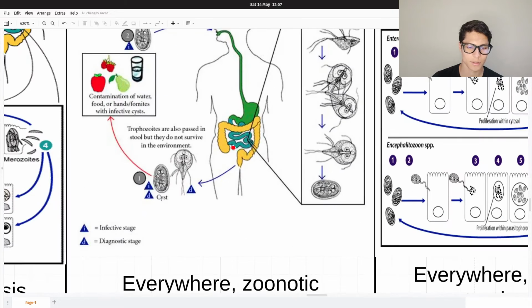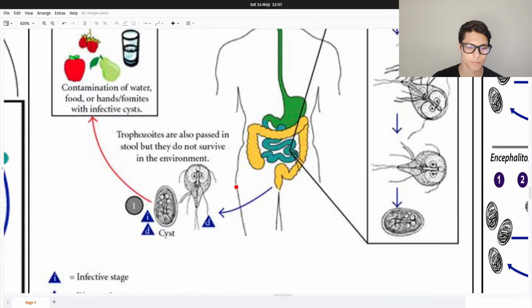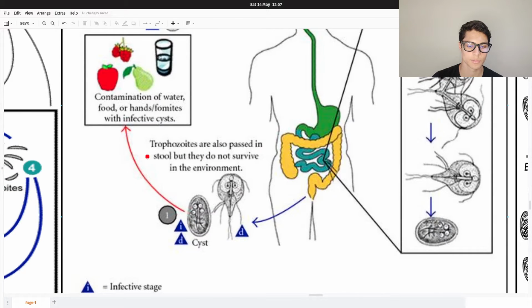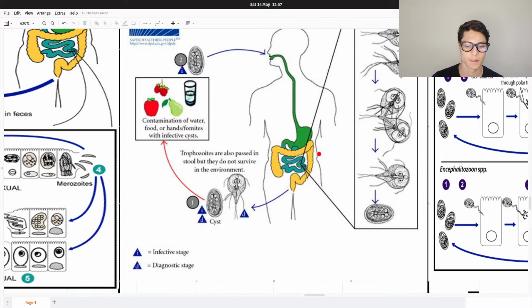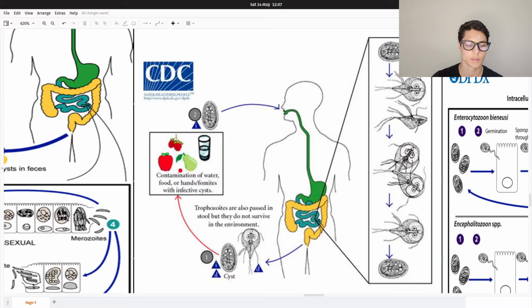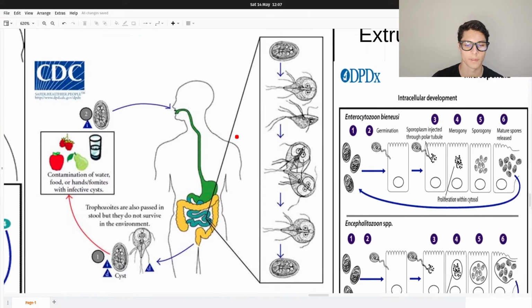The life cycle is the following. Trophozoites are also passed in feces, but they do not survive in the environment. So we have the cysts that come from the host, and the trophozoites, but trophozoites will not survive. Then the cyst will contaminate the water, and the water will contaminate the food, the hands, and everything, and then we ingest those cysts again.